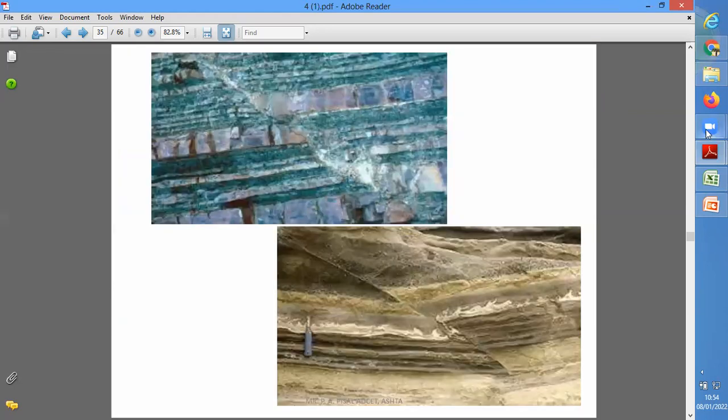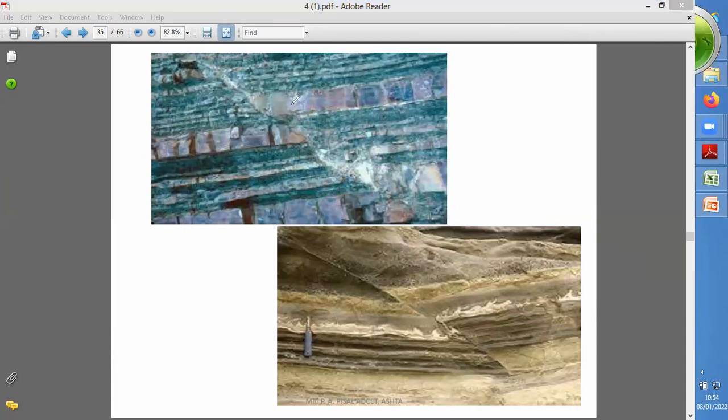So we will see the actual field photographs of the reverse fault. Here in this diagram, you have to first recognize the fault plane. So here, this is the fault plane in this fault, and here this is the fault plane in this fault.